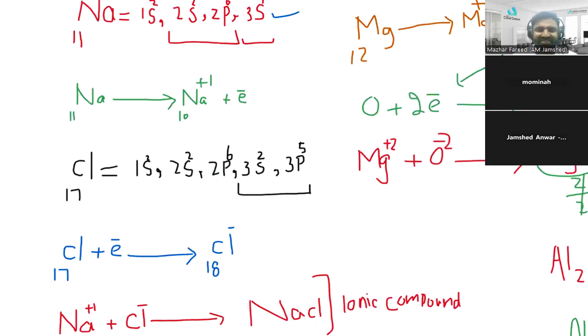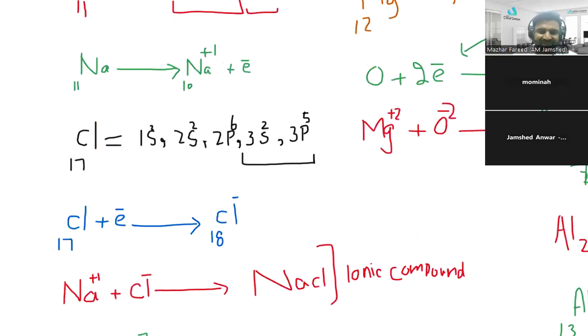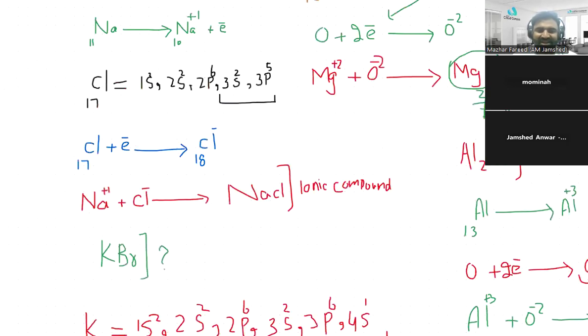When it gains this electron from the sodium, it becomes stable. After gaining the one electron from the sodium, chlorine becomes chloride ion. Then you have to write sodium and chloride together. It becomes NaCl. This is the ionic compound. This is the strongest. It has a high melting point, 801 degrees centigrade.